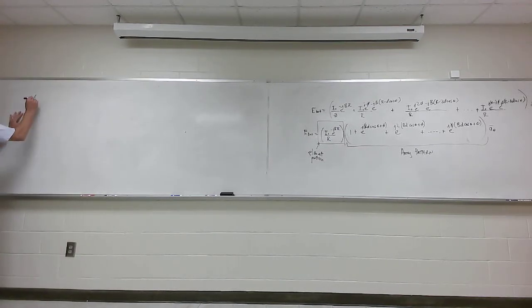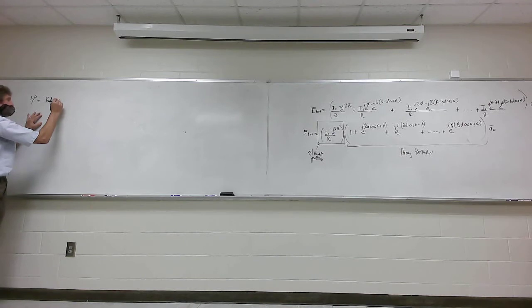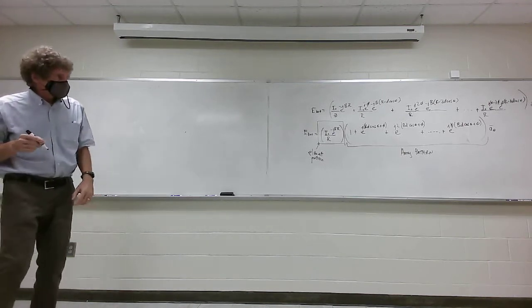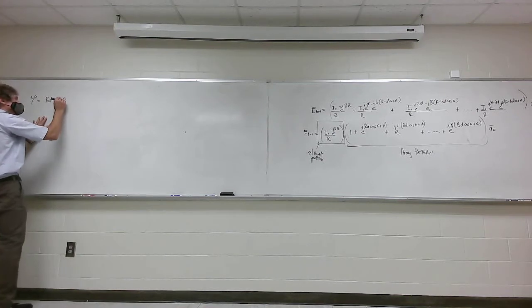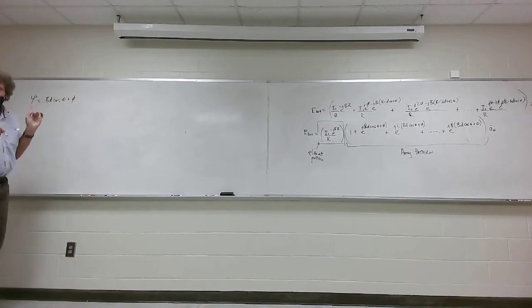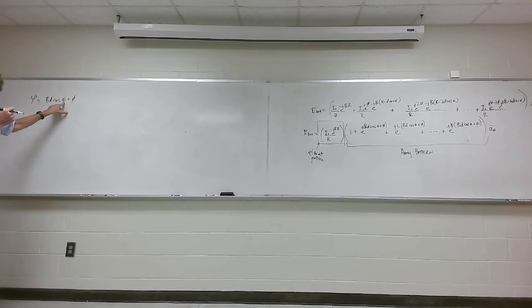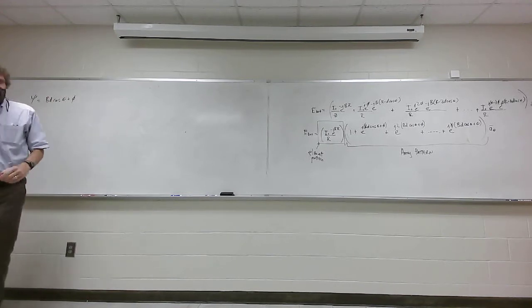Typically it's psi. Psi is equal to beta d cosine theta plus phi. Remember, this is the angle associated with the angle of the array.